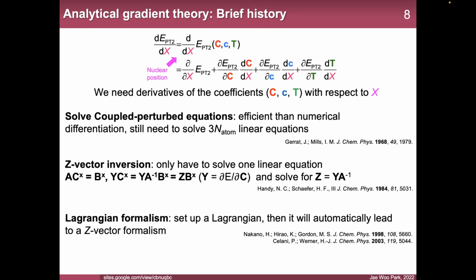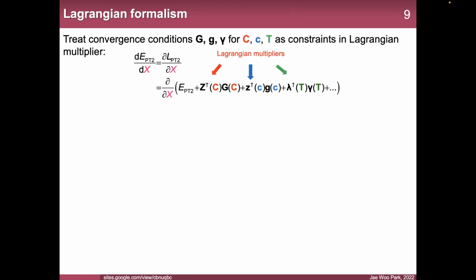And then the Lagrangian formalism can be formulated so that you just set up a Lagrangian, and then solving for the Lagrange multipliers will automatically lead to the Z-vector formalism, so that you can evaluate the analytical gradients. So these are the theoretical developments done from 50 years ago to 20 years ago.